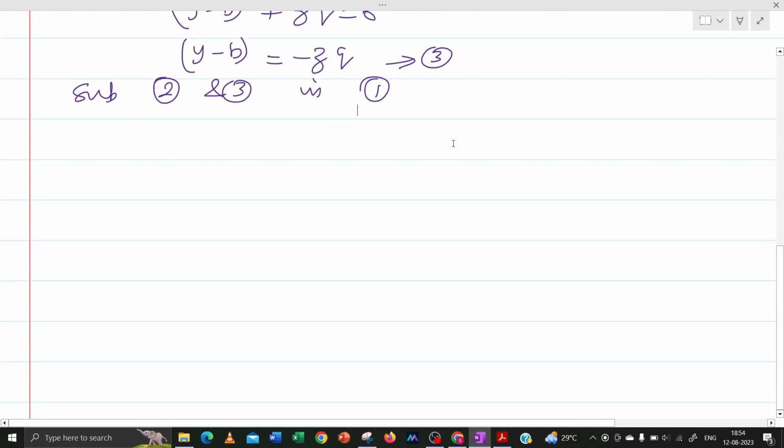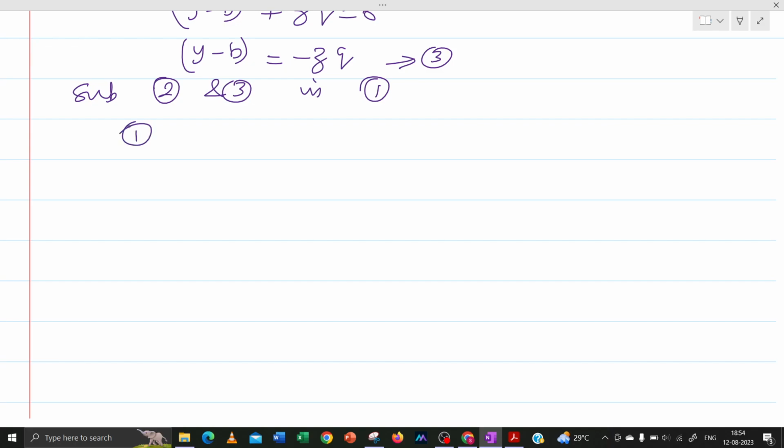Substituting in equation number 1, we get minus zp whole square plus minus zq whole square plus z square equal to the constant value c square.